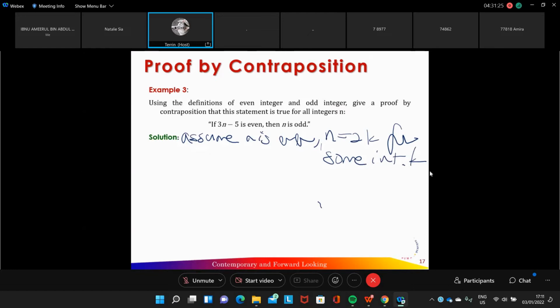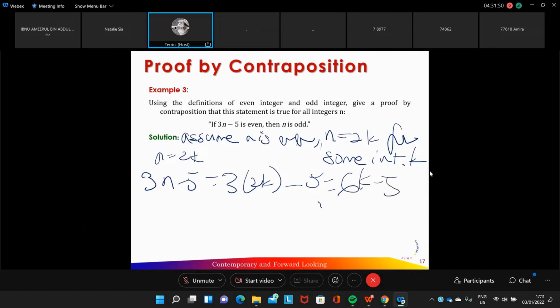You have to write this out. So we have n equals 2k. And the next step would be 3n minus 5. So 3n minus 5 equals 3 times 2k, minus 5, to give us 6k minus 5, right?